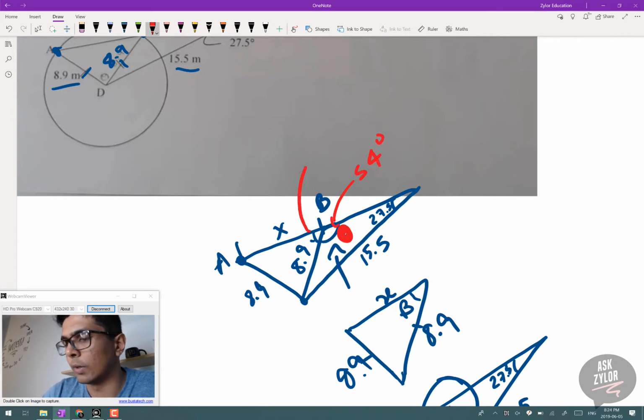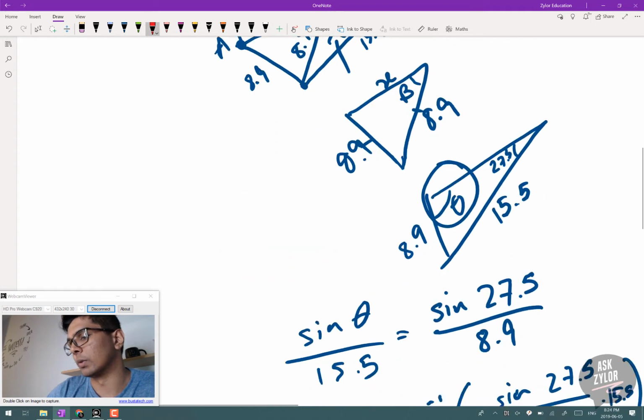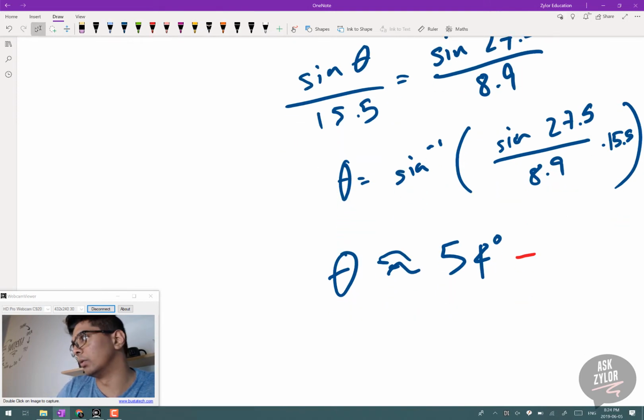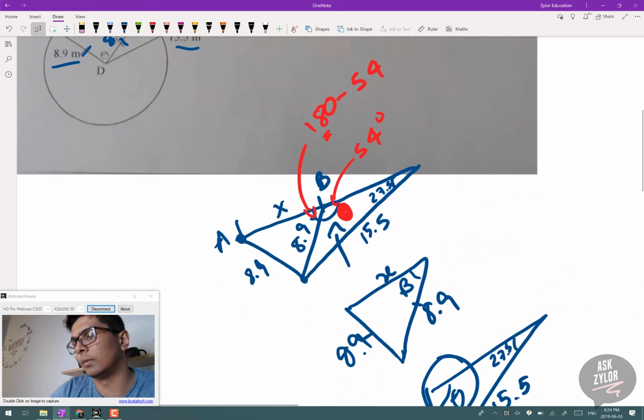Right. So how can I find this angle? So I'm going to do 180 minus 54 to find what that is. So sorry, I've messed up. This should be 54. It can't be 54 because it's an acute angle, right?